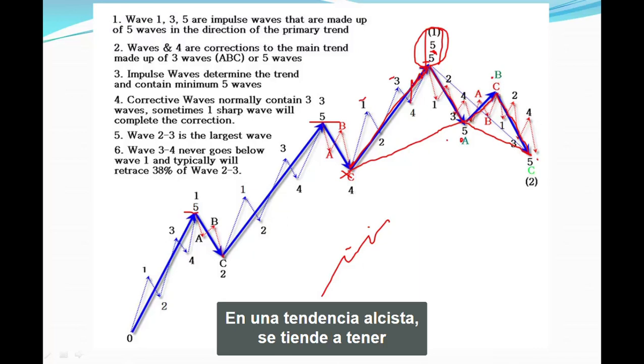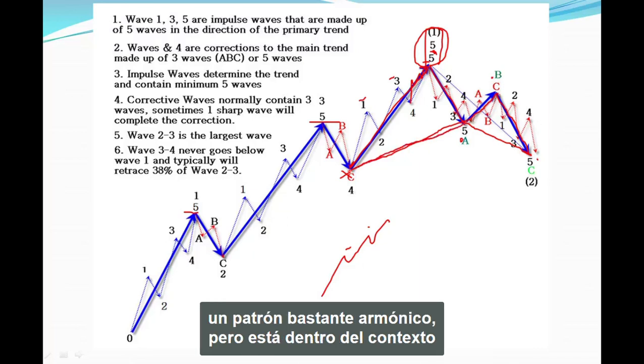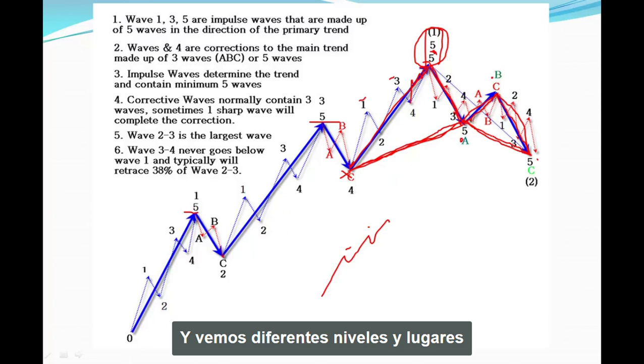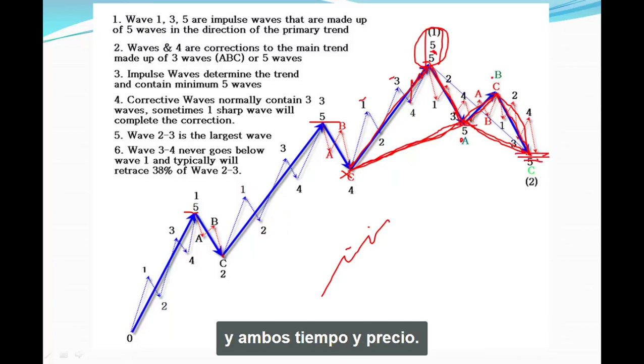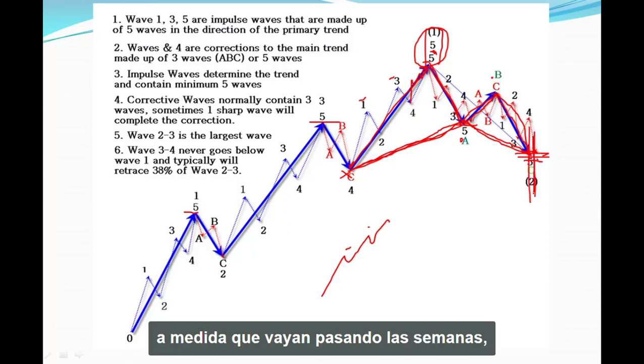So in a bullish trend, you'll tend to get that pretty harmonic pattern, but it's within the context of a trend anyway. And we look at different levels and spots where we start identifying clusters in both time and price. So we're going to get deep into this as we go into the further weeks.